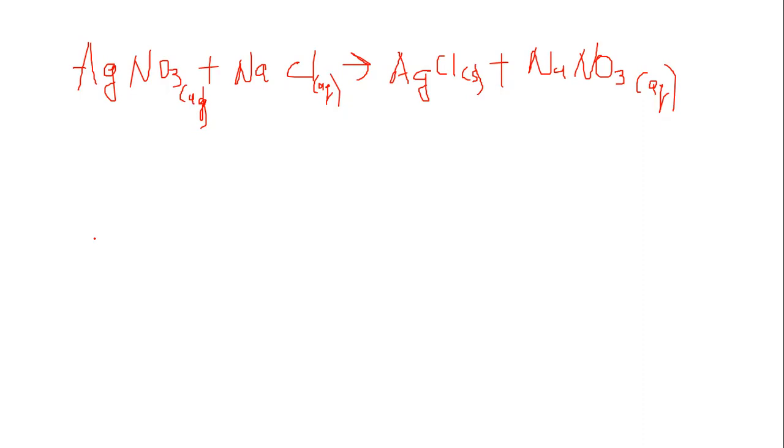Ag plus. Okay, Ag is just plus 1. Then we need to add NO3. So what's going to be the charge for NO3? Minus. Exactly, it's going to be minus.